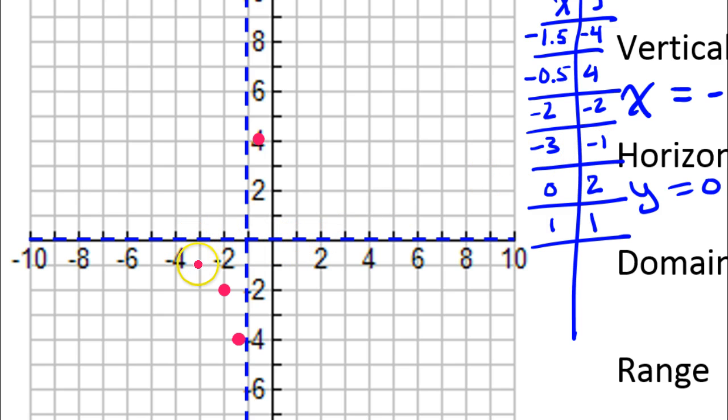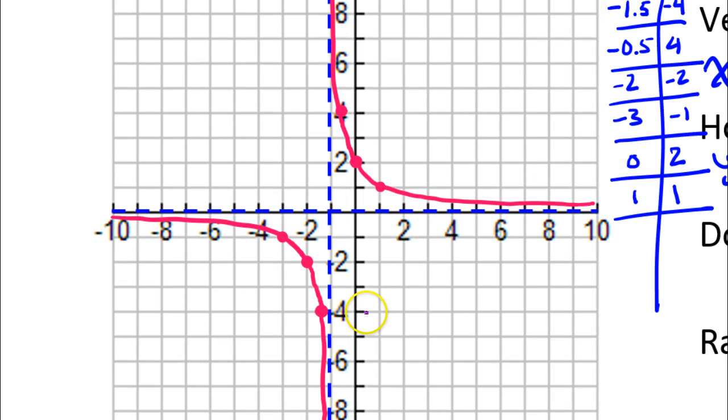So here's -3, -1. And then I've got 0, 2 would be right here, and 1, 1 would be right here. That gives you a feel for what's happening right here. So I'm going to go ahead and draw in both branches off camera. Okay, so here is what your graph should look like.